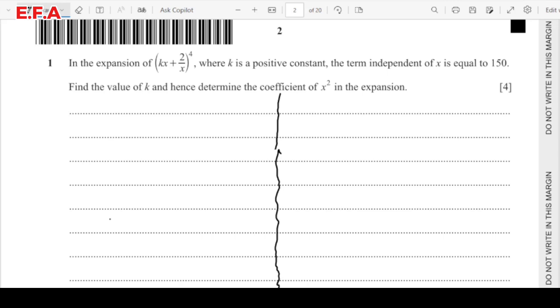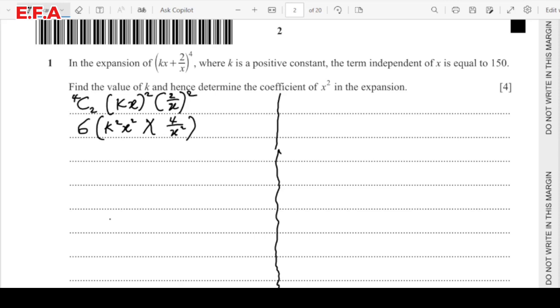So that gives us 4 combination 2, times (kx) to the power of 2, times (2/x) to the power of 2. 4 combination 2 is 6. (kx) squared is k squared x squared, times 2 over x squared gives us 4 over x squared.